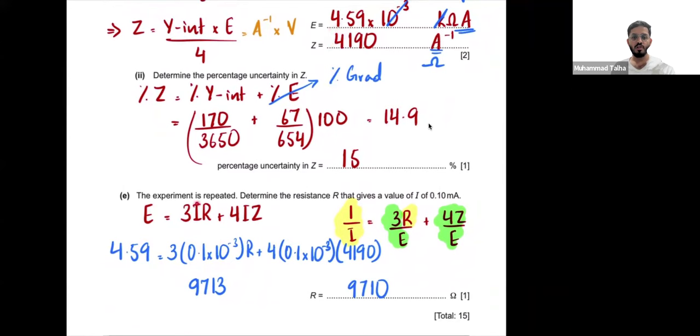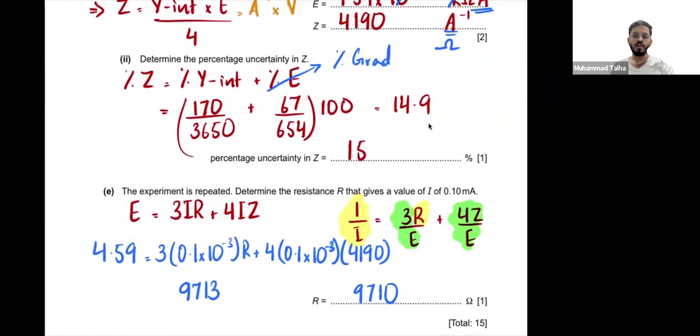So E is 4.59, I is 0.1 milliamperes, R is what I want to find, 4I, and Z is 4190 ohms. So you just solve this, subtract this entire term here, and then divide by 3 times 0.1 times 10 to the negative 3. The value turns out to be 9713, or to 3SF, this is 9710 ohms.